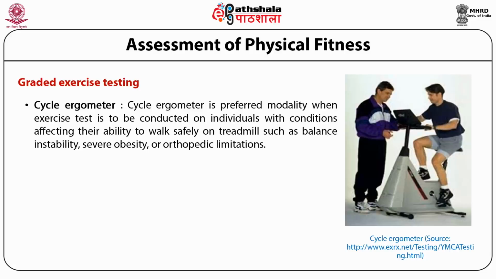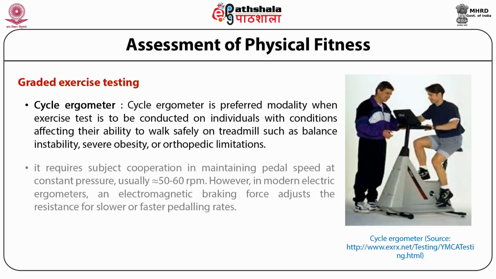The workload in the cycle ergometer is raised by increasing the resistance on the flywheel. Also, it requires subject cooperation in maintaining the pedal speed at constant pressure, usually 50 to 60 rpm. However, in modern electric ergometers, an electromagnetic braking force adjusts the resistance for slower or faster pedaling rates, thereby avoiding the need to maintain a constant pedaling rate.